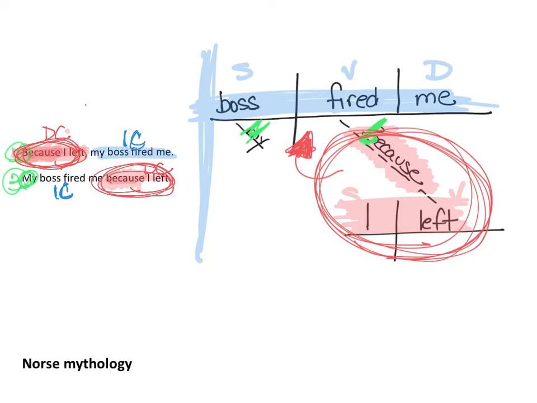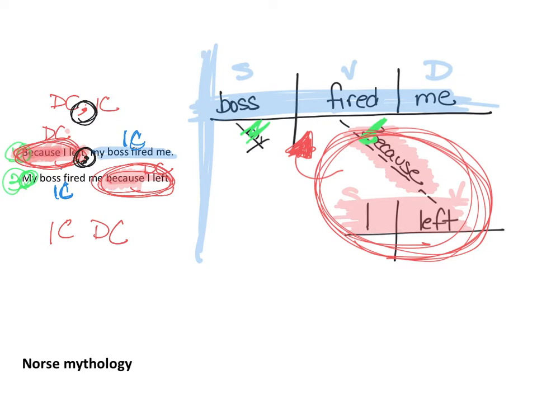So the defining characteristic of these DC, comma, IC sentences or IC DC sentences: please pay attention to the grammar. If the dependent clause is up front, you need a comma to separate those two ideas.